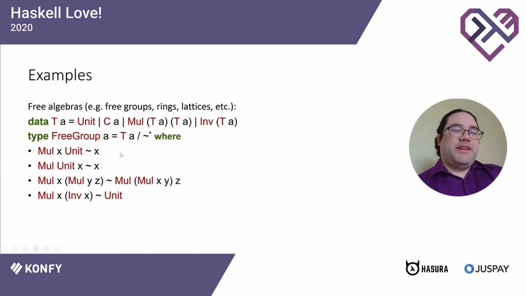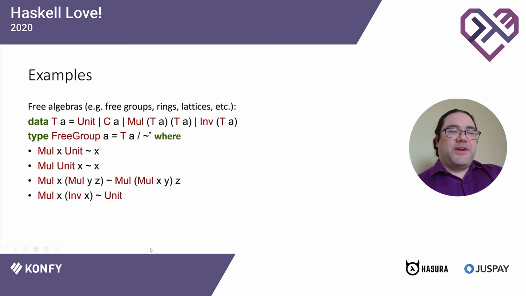So quotient types allow us to enforce these equations. We say, for example, mul of x times unit should equal unit times x should equal x. We have the associative law, we have the inverse law. And this allows us to capture the notion of a free group and then the notion of groups within the language, and work with them as just normal data types.